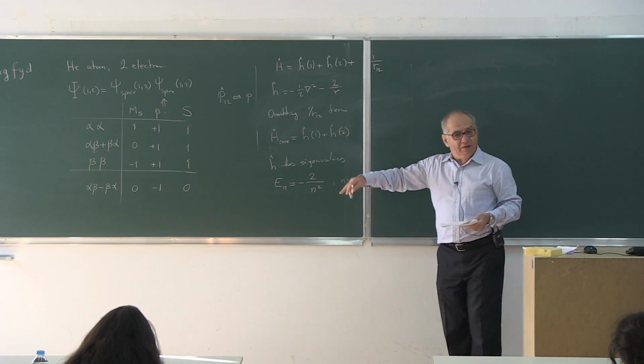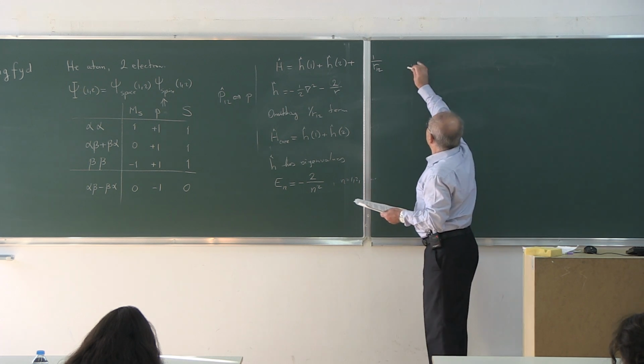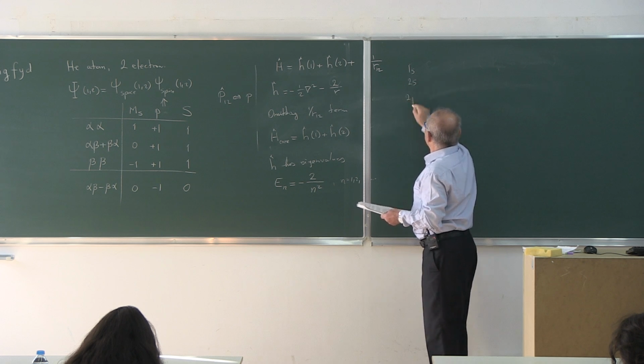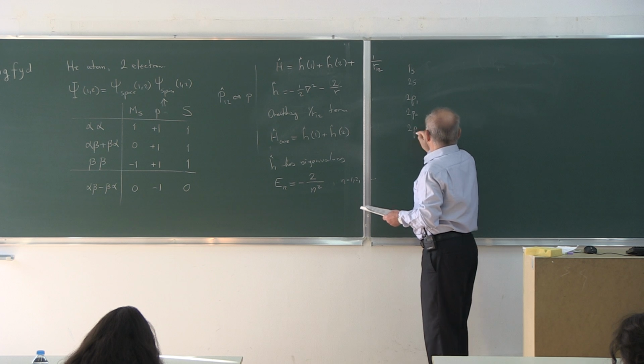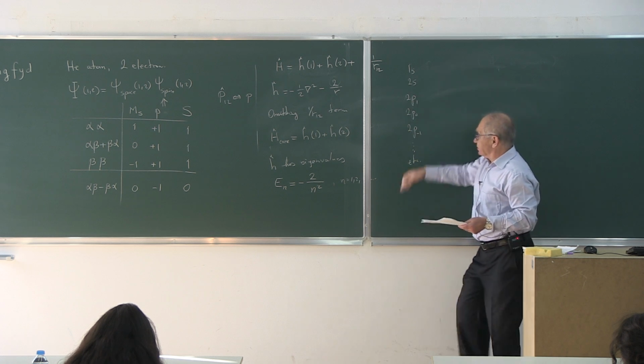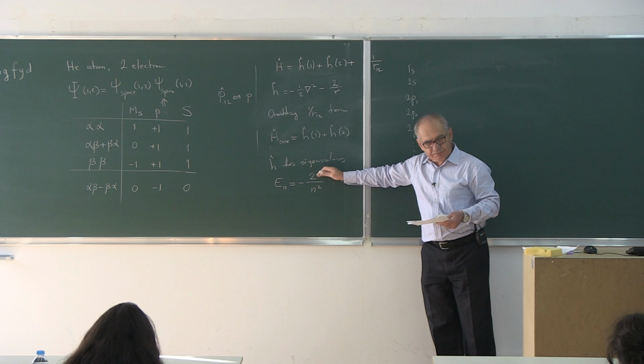The corresponding orbitals are 1s, 2s, 2p1, 2p0, 2p minus 1, etc. These are the orbitals which correspond to these one electron energies here.